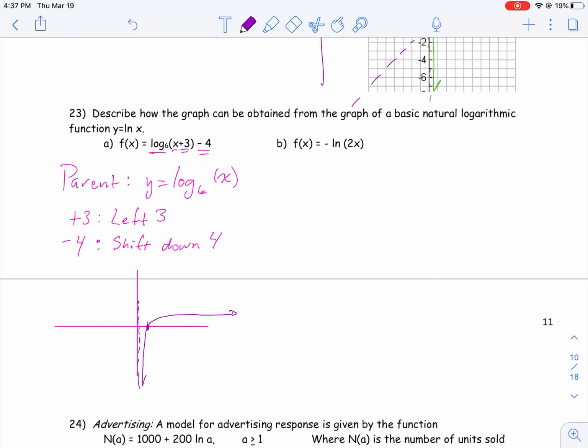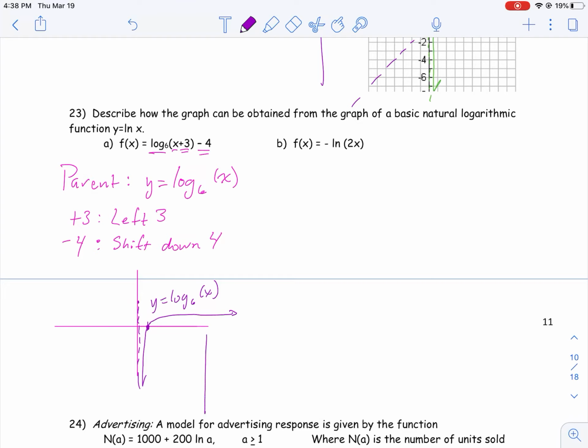Notice I kind of am ignoring the 6. It's going to affect the shape a little bit, but I'm not too concerned about that. So if it goes left 3 and down 4, this is y equals log base 6 of x.